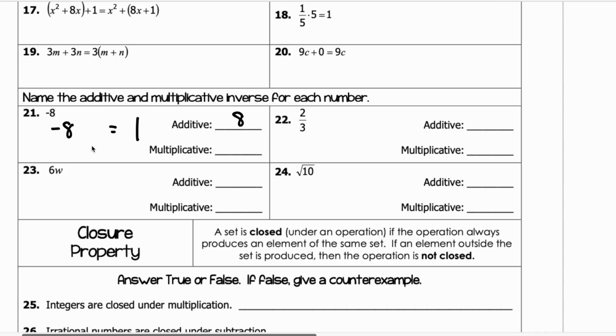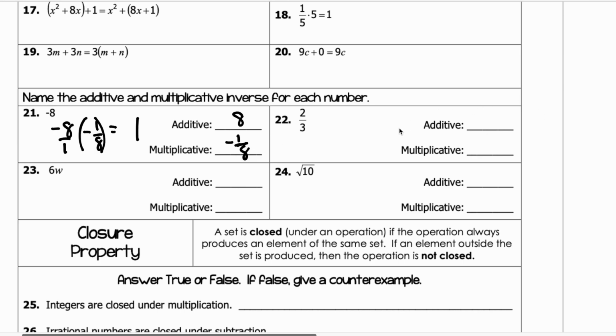So what are you going to multiply -8 by to get to 1? You're going to multiply by -1 over 8, right? We just flip it. If -8 was over 1, you flip it and you multiply, it turns into a 1. So the opposite of -8 when you're multiplying is going to be -1 over 8.